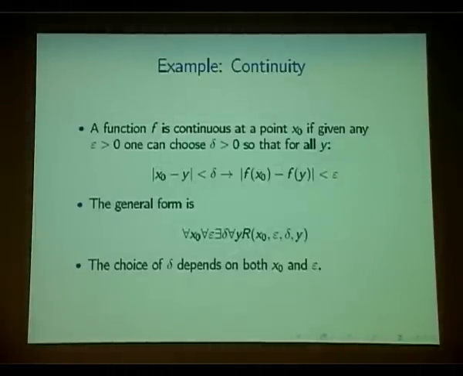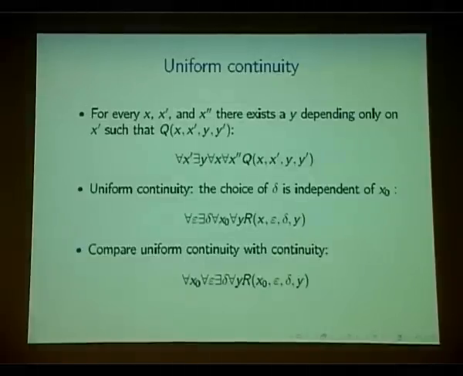Sometimes it turns out that the choice of delta depends only on epsilon and not on the point x0. So in this case, we have a statement of the general form: for every x prime and x second, there exists a y depending only on x prime, such that the relation holds.